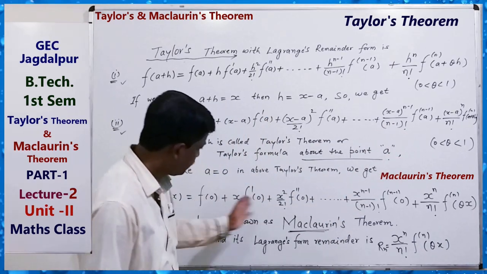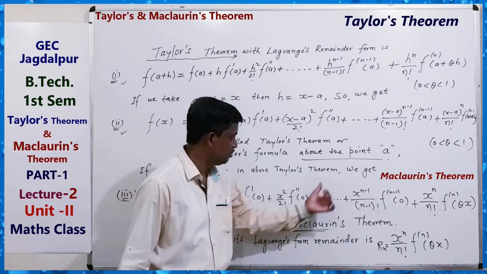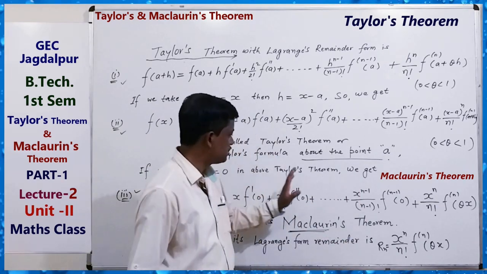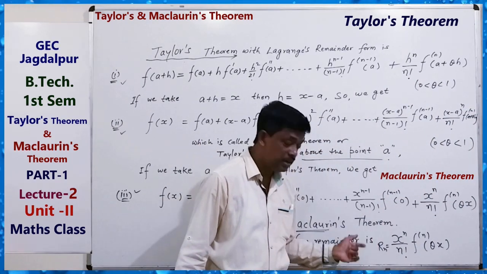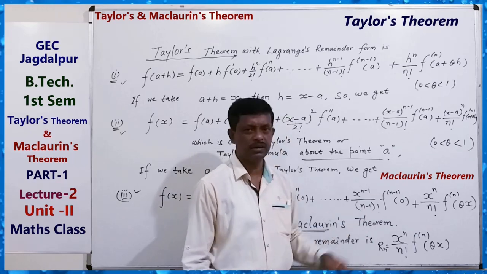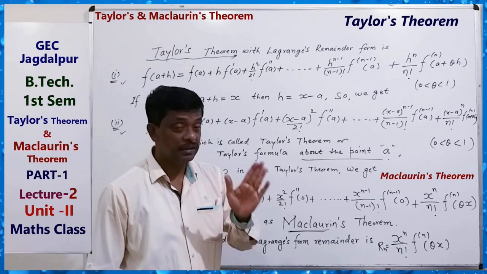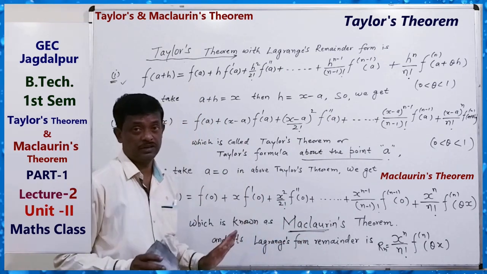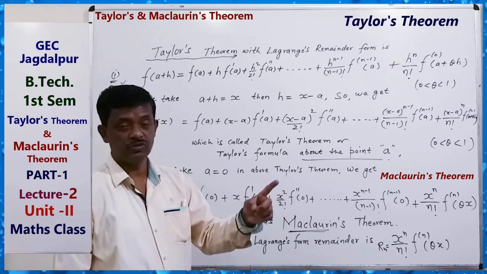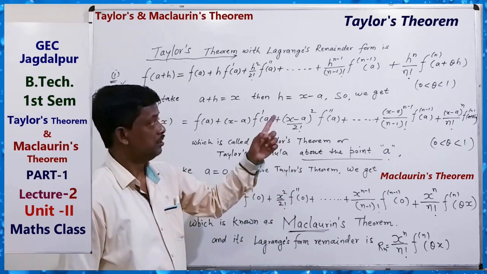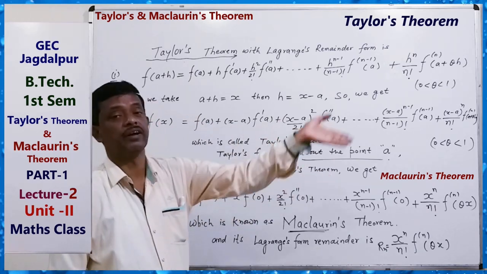You can see here: x to the power 1 by 1 factorial, x squared by 2 factorial, x cubed by 3 factorial, and first derivative, second derivative, third derivative, up to any order of derivative. If the remainder tends to 0 as n tends to infinity, that means the number of terms tends to infinity. That is, if we can show that Rn tends to 0 as n tends to infinity, then you can write it as an infinite series.